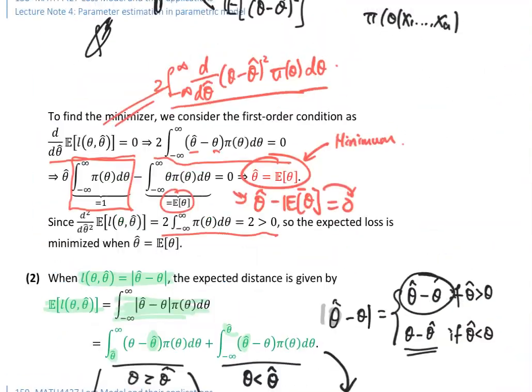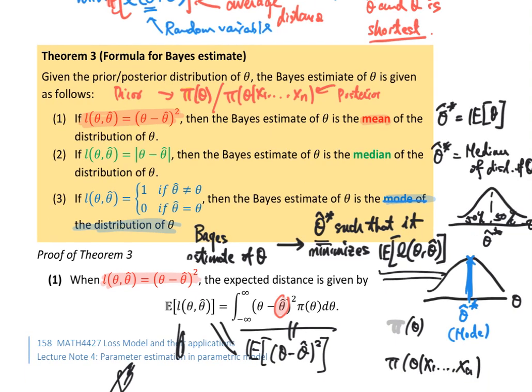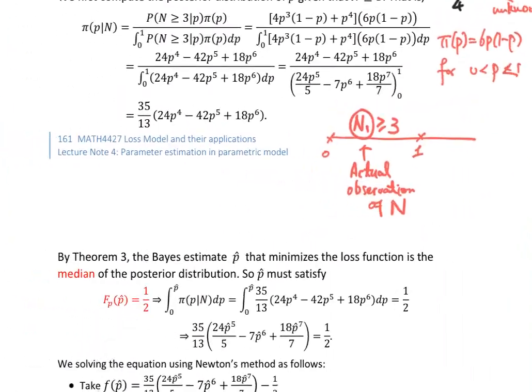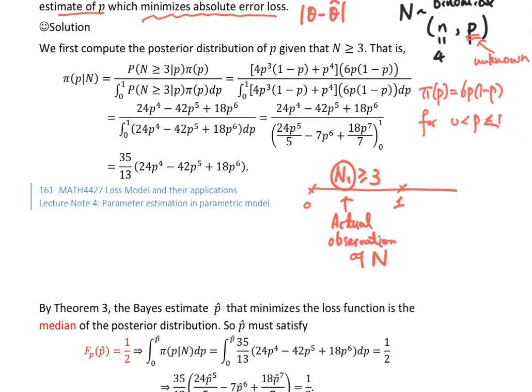Then according to Theorem 3, if you choose the absolute loss, then your Bayes estimate should be the median of the distribution. So this is what you would expect. Your Bayes estimate, let's call it p hat, will be equal to the median of your distribution of p.